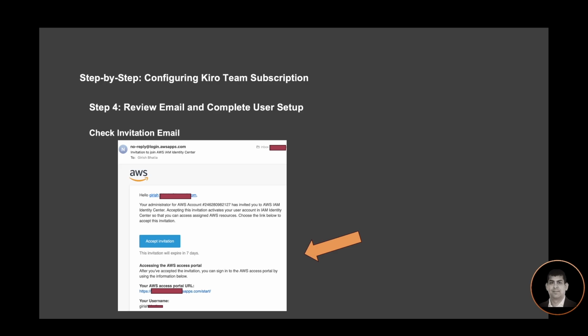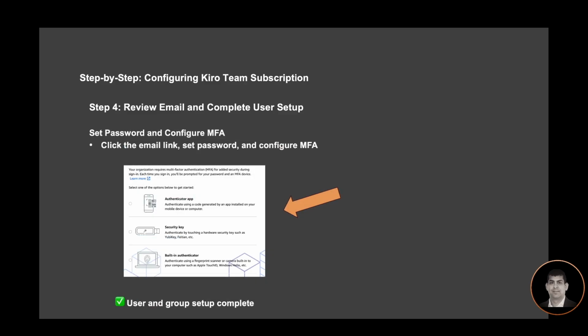Once you set up, it will ask you to configure MFA based on your enterprise policy. So you can set up the MFA, and then the first part is completed. So your user and group setup is complete. Now you have IAM Identity Center, you also have a group, and that group has a user.